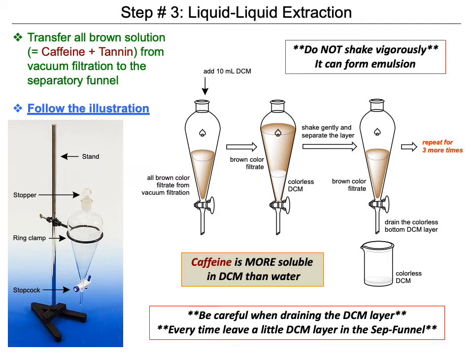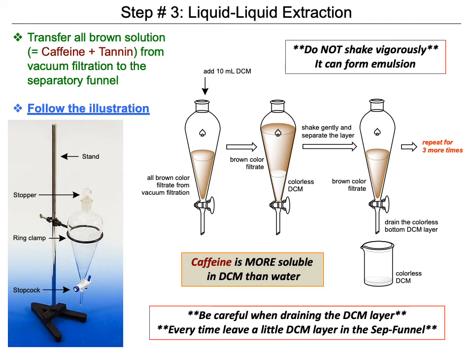All the caffeine is in the DCM phase, and tannin is staying in the water phase. We are going to do this step 4 times.